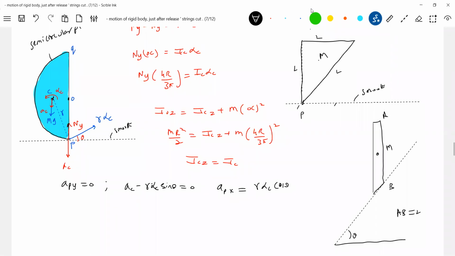Find the acceleration of point P, or here B, just after release. Please work it out. I'll go for the next concepts. Still plenty of things are there we have to discuss.